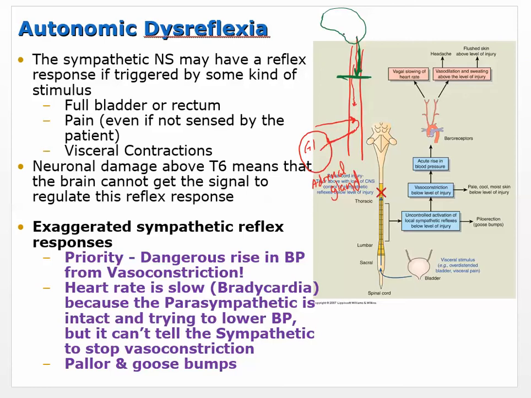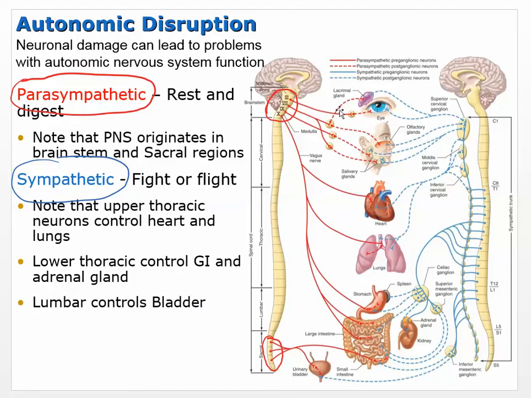Now, what the brain does have control over, and I'm going to go back to this slide, is it can say, wow, the blood pressure is high, so we're going to reduce the heart rate, okay, to try to fix that. So it's also trying to send a signal down here to tell these guys to let go.